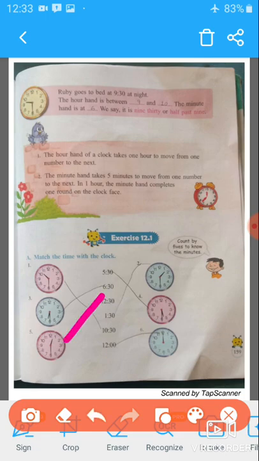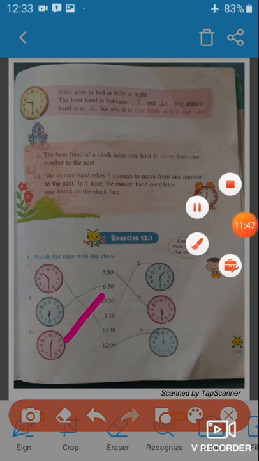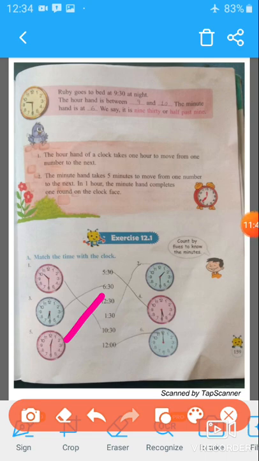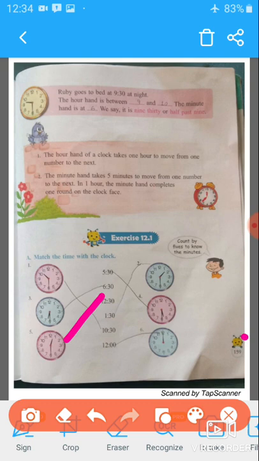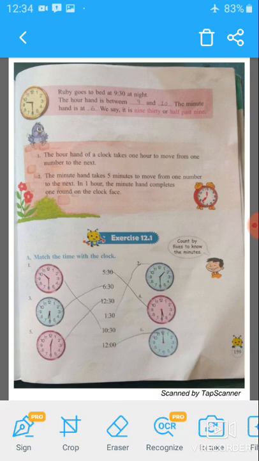So you will match it. Now students, look at the last clock. Here the hour hand and minute hand are at 12. It means this clock shows the time 12 o'clock. So you match it with 12 colon 00.